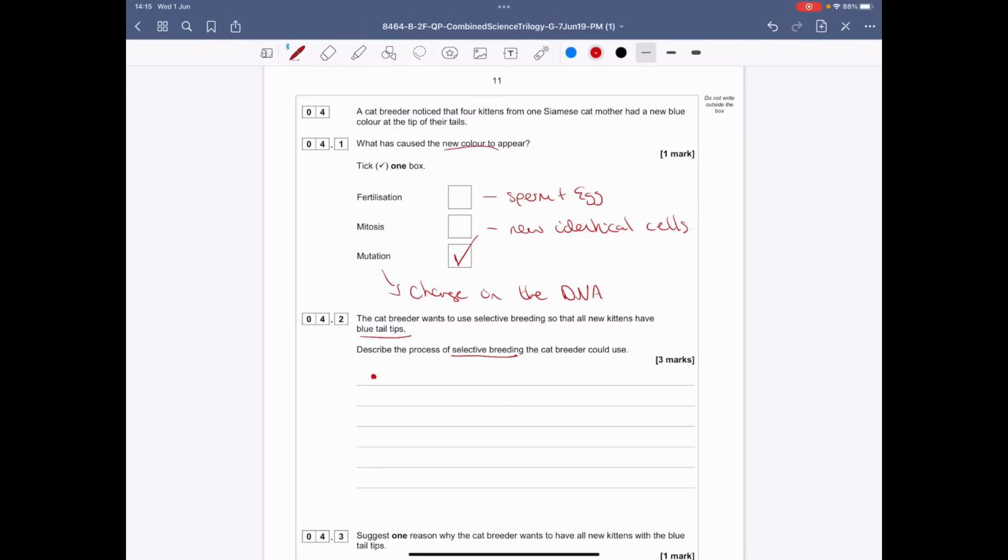So what you would do in this cat situation, you would choose the cats with the blue tail. You would breed these cats together.